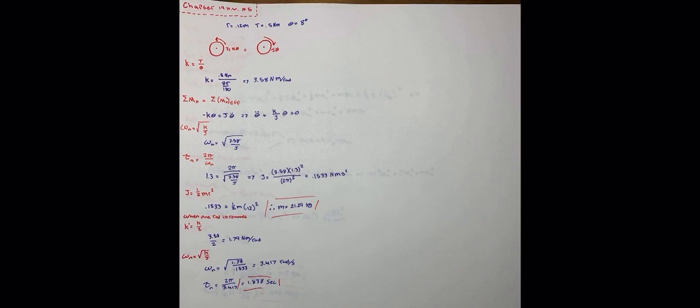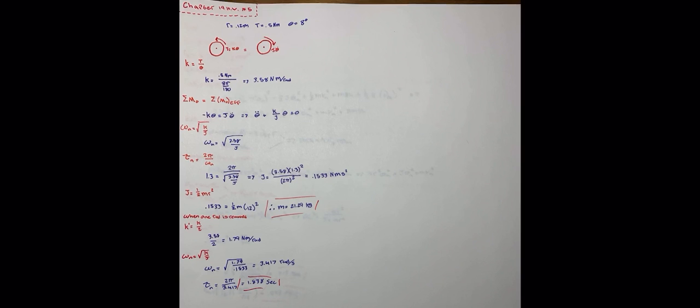If we sum the moments, we get negative K theta is equal to J theta double dot. And we know that omega n is equal to the square root of K over J. Along with that, we know that tau n is equal to 2 pi over omega n.